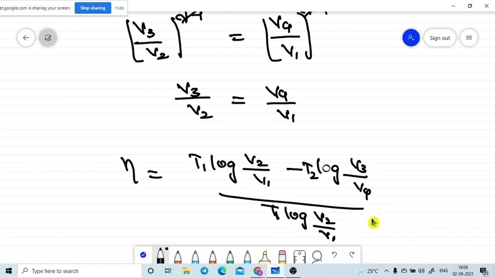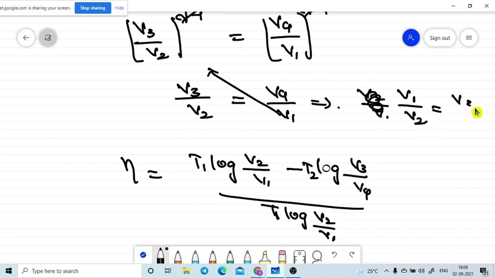Now our goal is this part, where somewhat of a problem is there. From this relation we get V2 by V1. Let me do first: V1 by V2 is equal to V4 by V3. Now invert this one. So V2 by V1 is equal to V3 by V4.